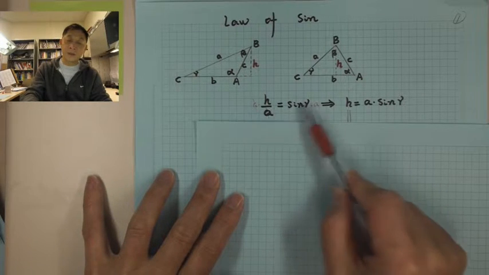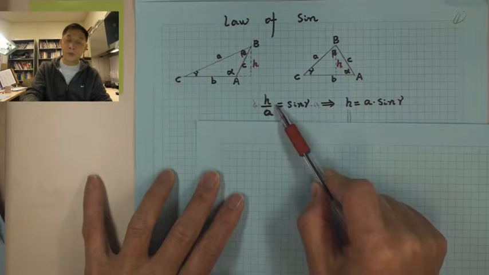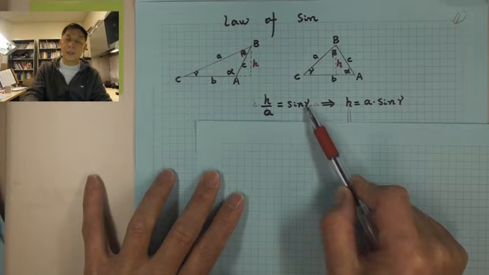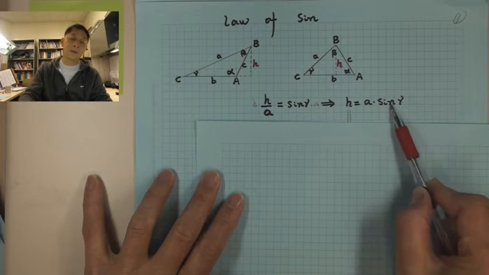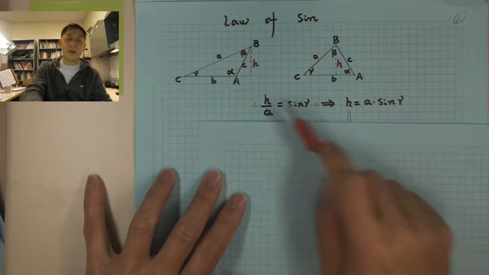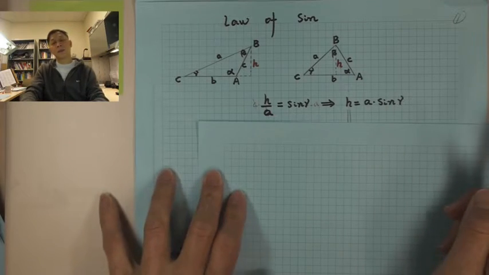Both sides times A, you can cancel this A with this A, so you have H equals sine gamma times A. This is fine for H equals A sine gamma.